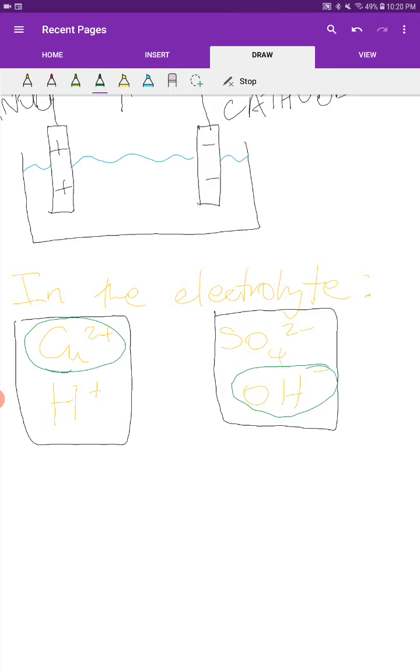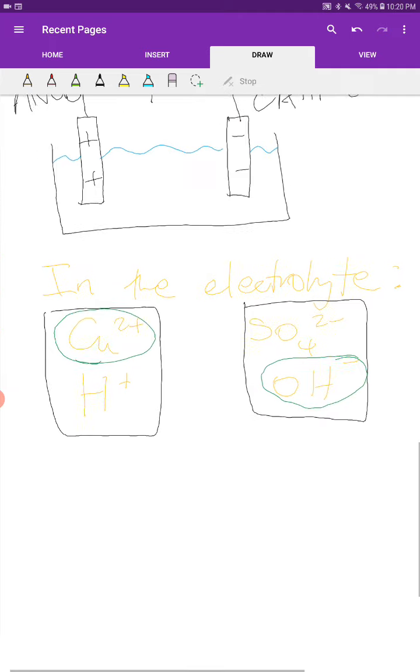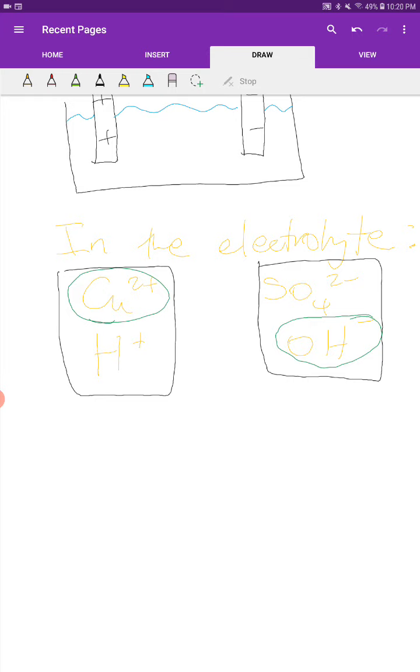So, first set of questions that you can be asked, just like before: what are the ions that will become discharged at each electrode? So let's set it up just like before.